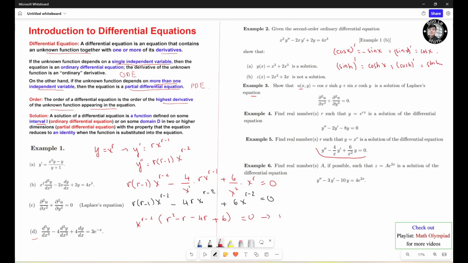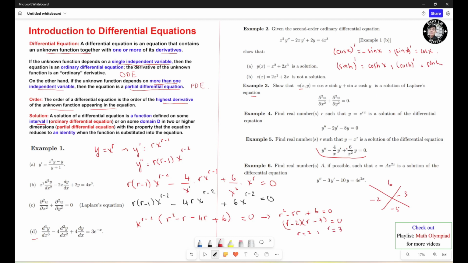So it turns out to be r squared minus r minus 4r, it should be negative 5r plus 6 equal 0. Now you need to factor this one, so you need to find two integers that multiply to 6 and add up to negative 5. It should be negative 2 and negative 3. So it turns out to be r minus 2 times r minus 3 equal 0. So you have two solutions, r equal 2 and r equal 3.